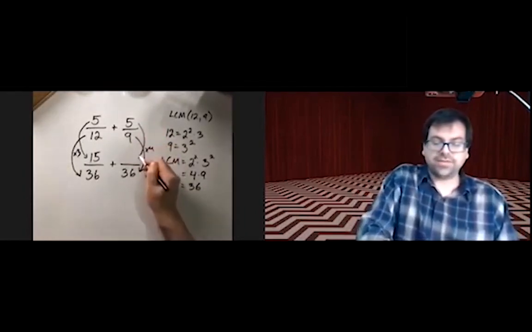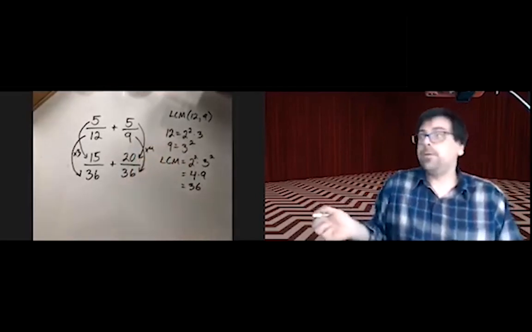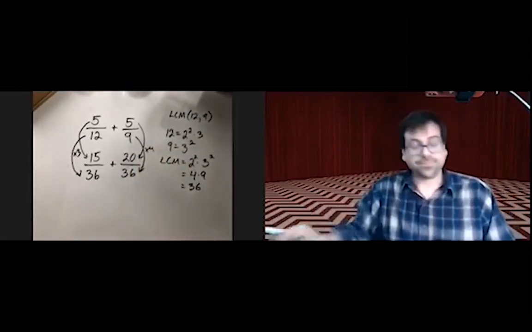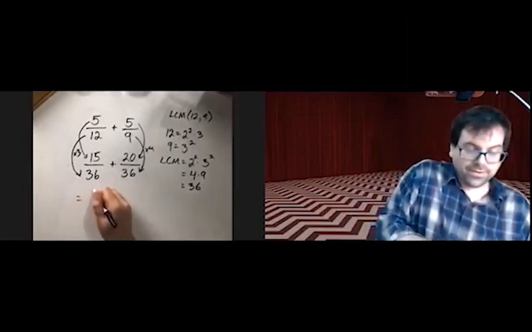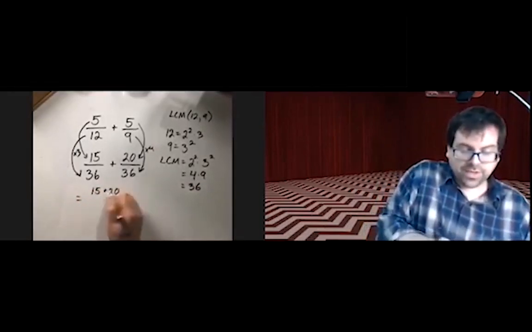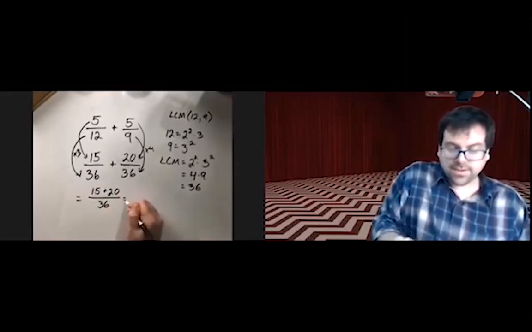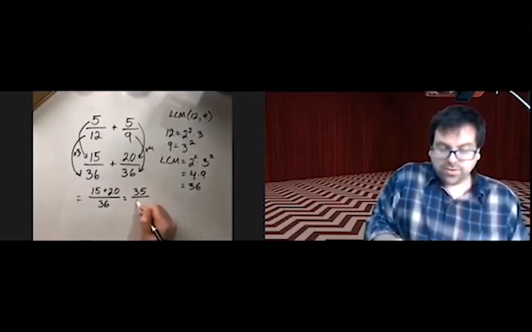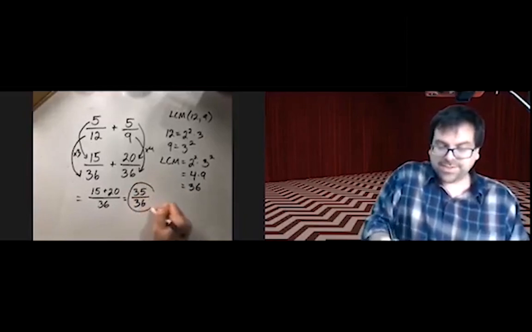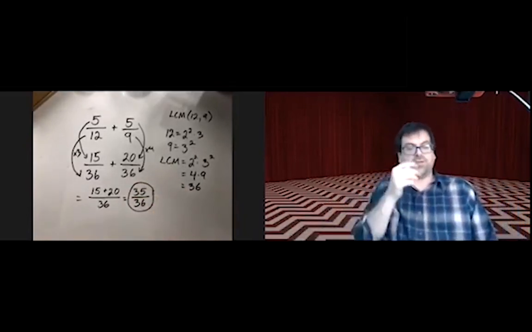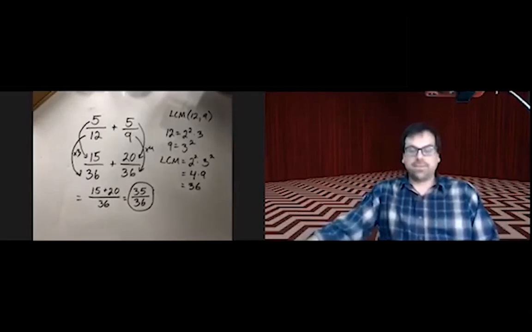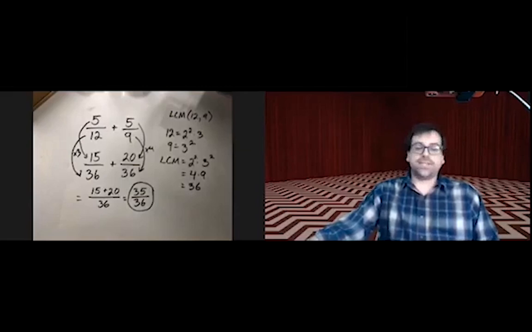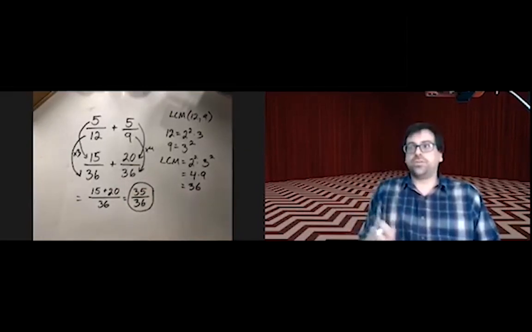So we have to do 5 times 4, which is 20. So this is 15 plus 20 over 36, which is 35/36. 5/12 plus 5/9 is 35/36. This is how you get there. Notice this is not 10/21.